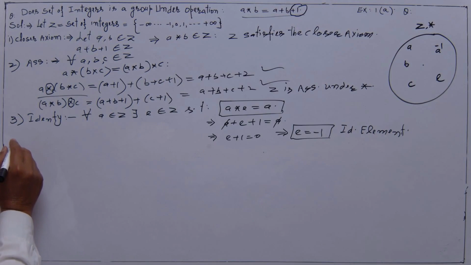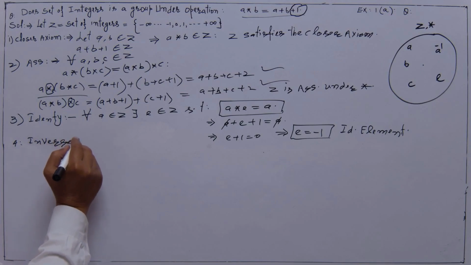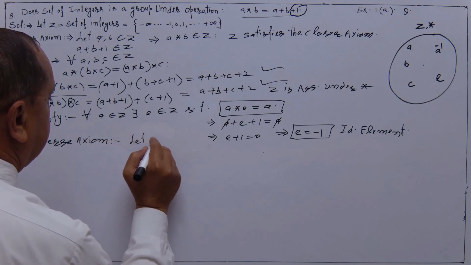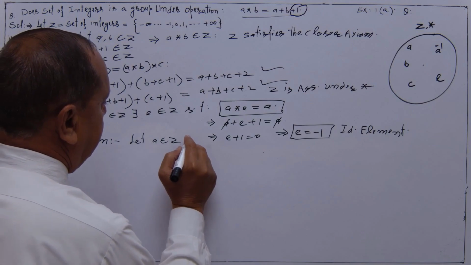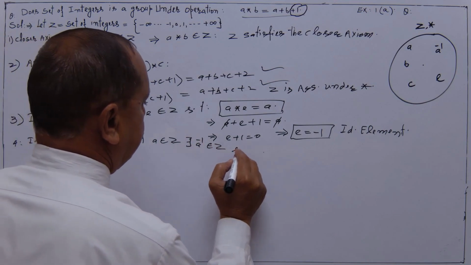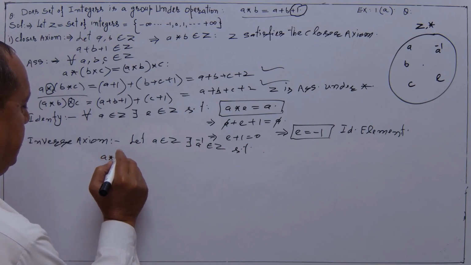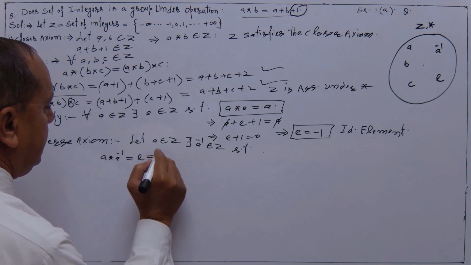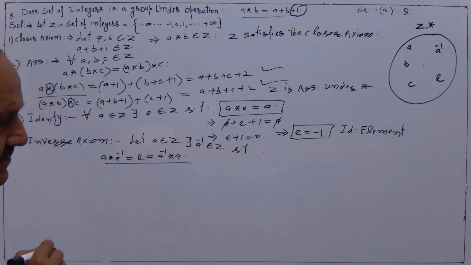Number 4 property is the inverse axiom. In this, let A belong to set Z. Then there exists A inverse also belonging to Z, such that A star A inverse is equal to identity element E, which is equal to A inverse star A. This is the condition of inverse axiom.